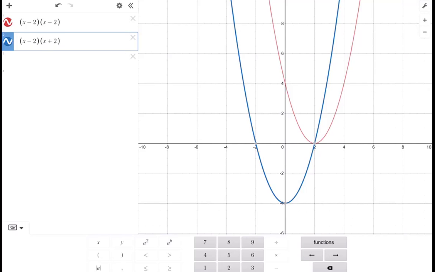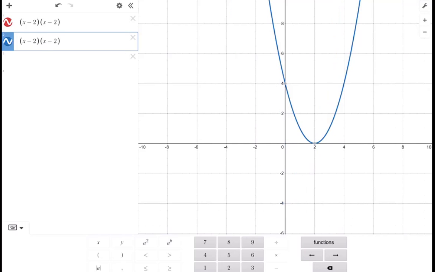What else could we change? Minus x? Well, 2 minus x is the same thing as negative x plus 2.